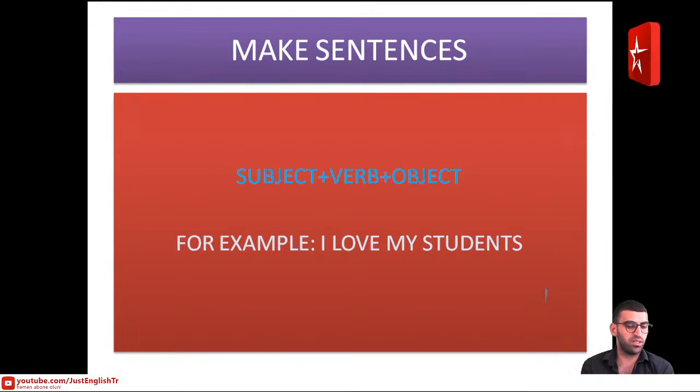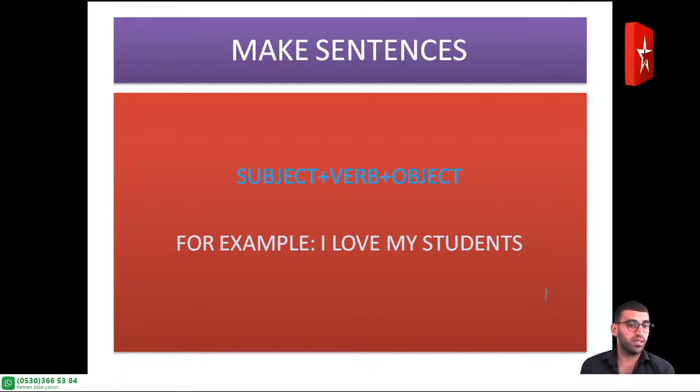So then you will search for that word, and you will see it in a sentence, and you will never forget that word because you learned it. You saw it on the TV, you practiced, you listened, and you wrote, and you used it in a sentence. So that's why you won't forget. There's no chance to forget that word anymore.